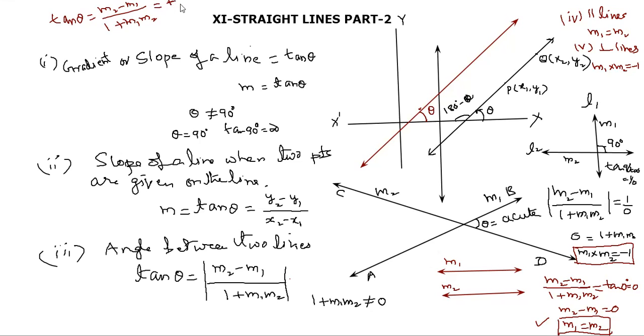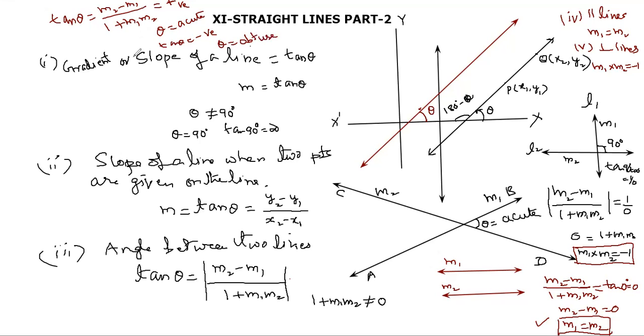If you get a positive value, then theta will be an acute angle. And if tan theta is negative, then theta will be an obtuse angle.